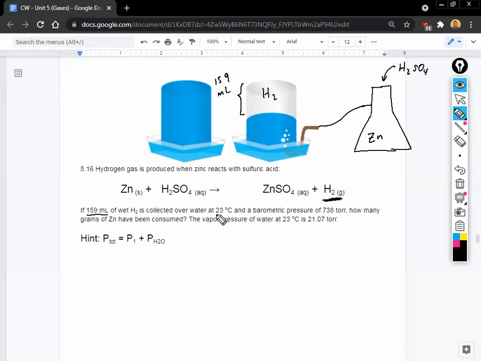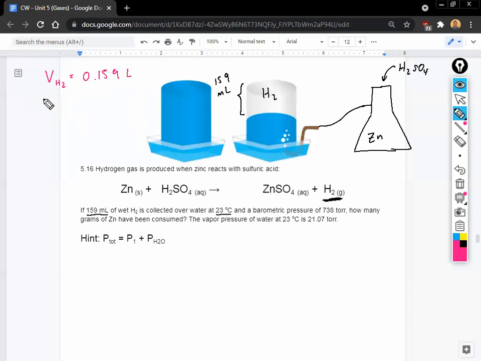All right. It's also telling us that the temperature is 23 degrees Celsius. So you can start to see what kind of variables we're getting, right? The volume of H2 gas is 159 milliliters. I'm just going to convert that to liters. We can just do 0.159 liters.